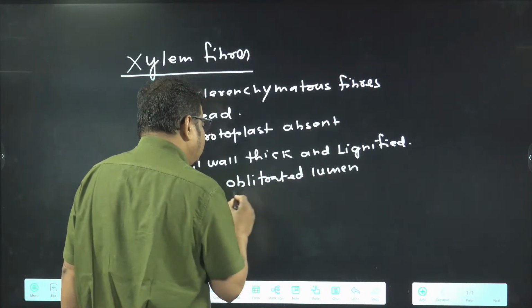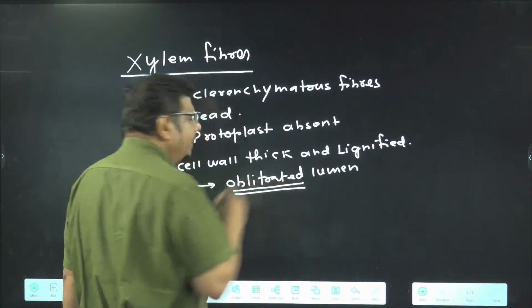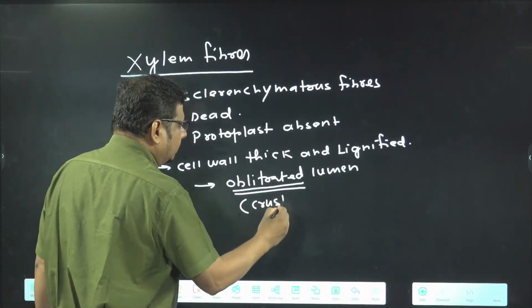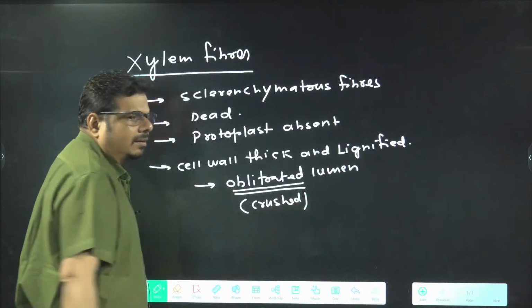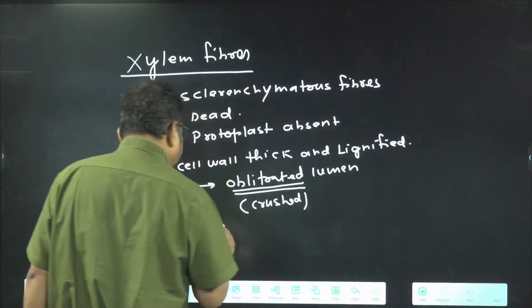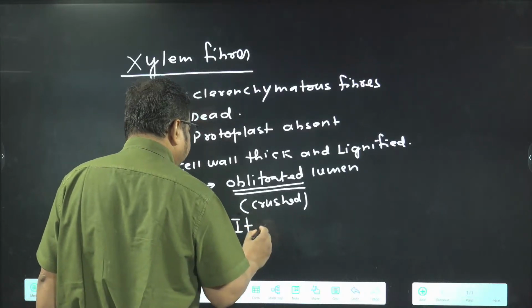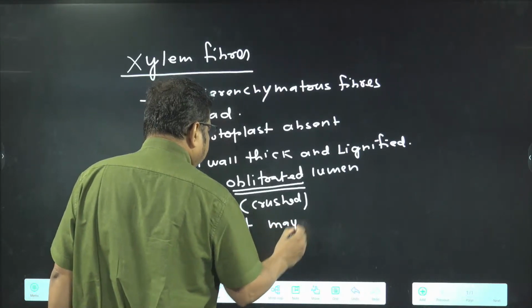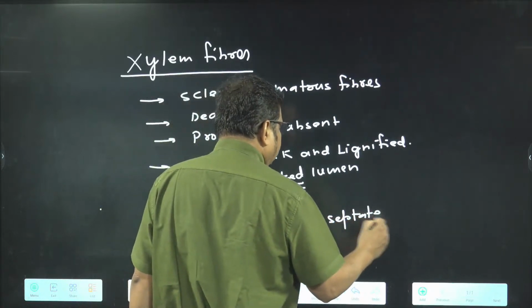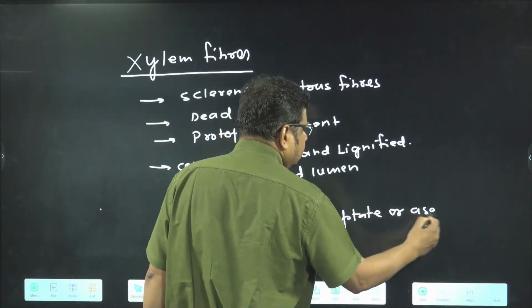Students usually ask, what does obliterated mean, sir? You can say crushed lumen, obliterated lumen. Getting the idea? It may be septate or aseptate.